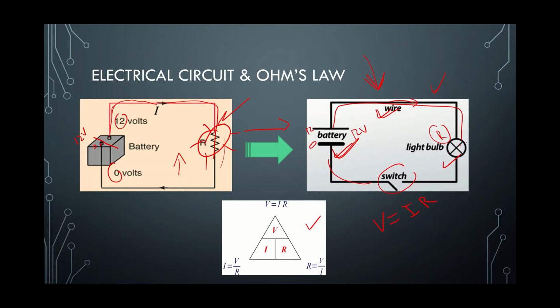If we have a resistance here, for example, 2 ohm, we will study that later, and this is 12 volt, and we want to know the amount of current, we can just rearrange the equation to I equals V over R, 12 over 2, so the current will be 6 ampere. So this is Ohm's law.